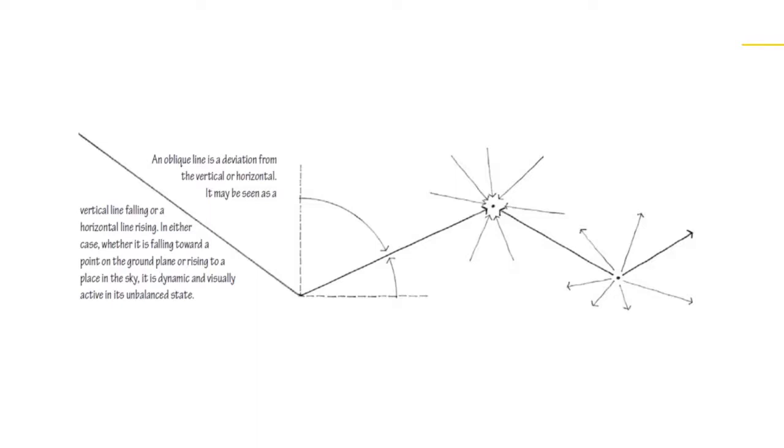With interior design or furniture design, a good example would be the rocking chair. When you rock to and fro, that creates an active, dynamic line, and it feels like you're living on the edge. It's a different way of thinking about it, but it is in itself in a dynamic state.